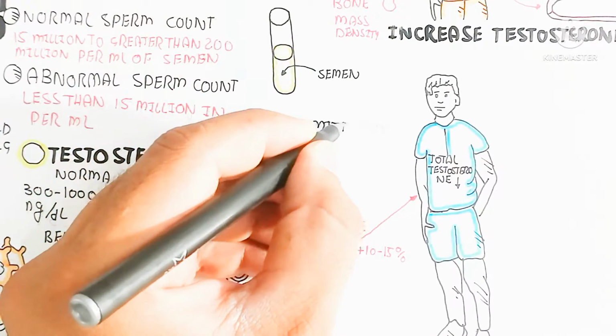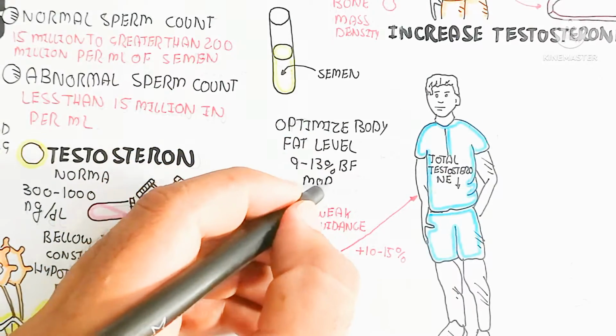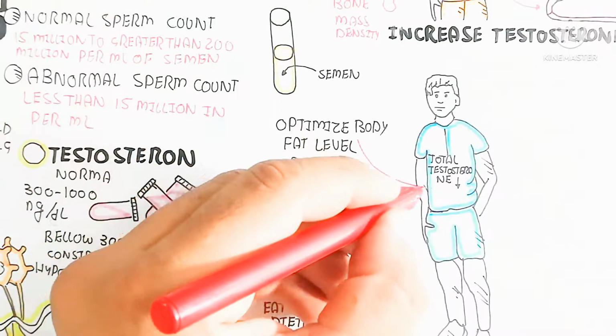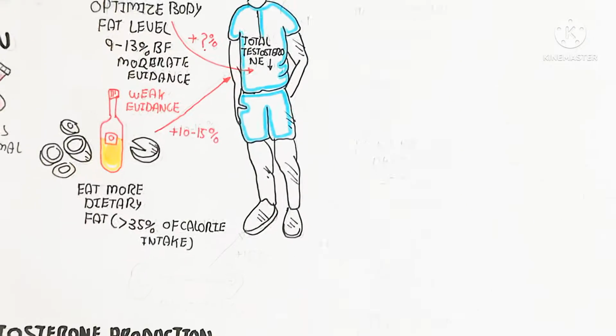On the other hand, an optimized body fat level of 9 to 30% is moderate evidence, according to science, that it can increase testosterone.